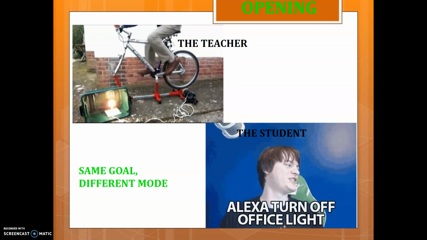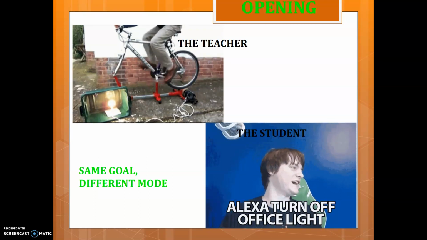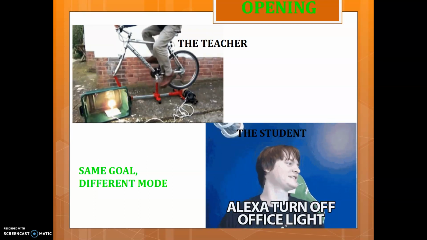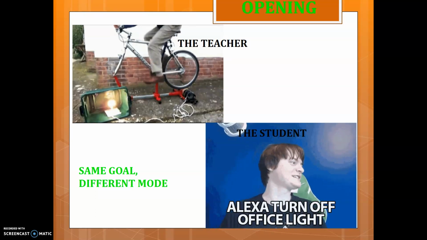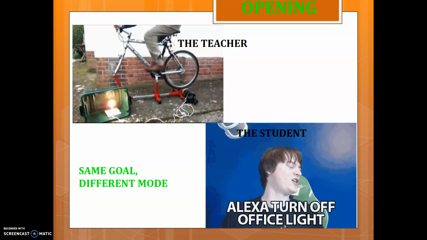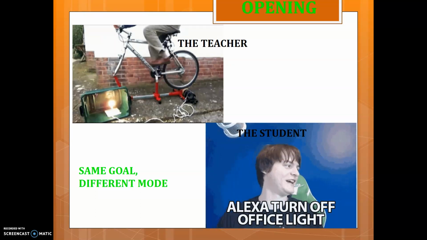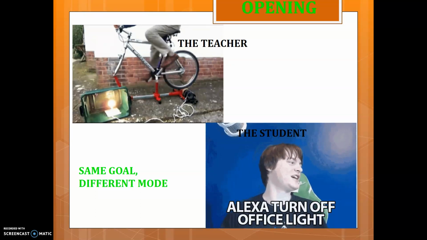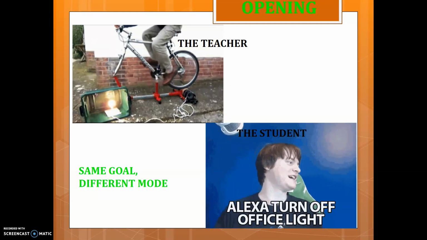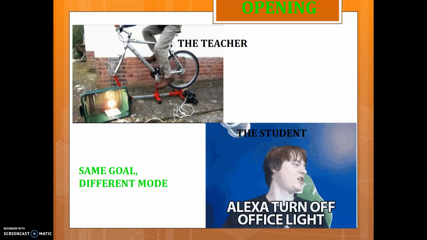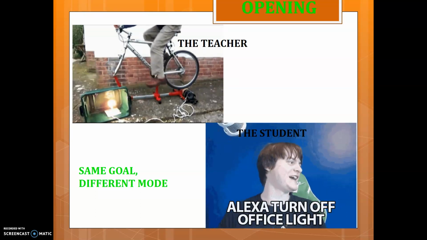The difference is their modalities. Sometimes we find teachers working way too hard to do something that could be simplified through the use of technology. And those things that we can't do, students have enough knowledge that they can help us to do it, or they can do it on their own. We just need to allow them the opportunity to do so.